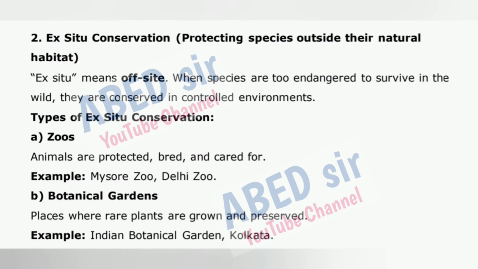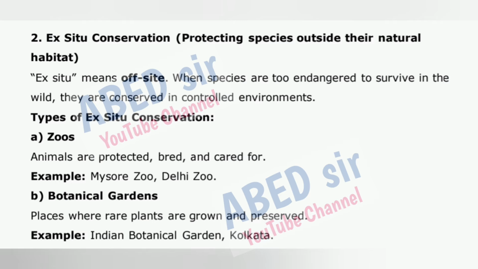Ex situ means off-site. When species are too endangered to survive in the wild, they are conserved in controlled environments. Types of ex situ conservation. A. Zoos. Animals are protected, bred, and cared for. Example, Mysore Zoo, Delhi Zoo. B. Botanical gardens. Places where rare plants are grown and preserved.